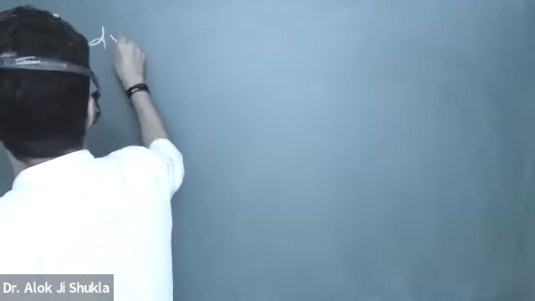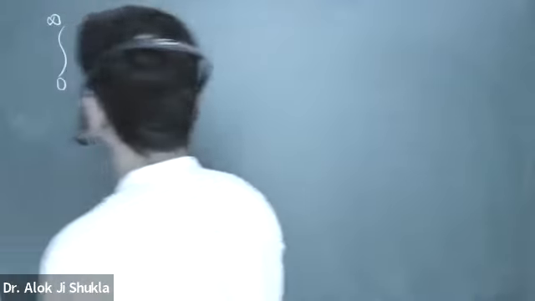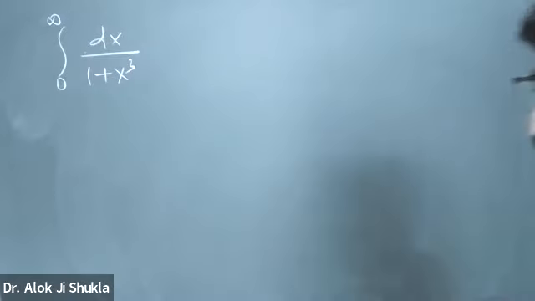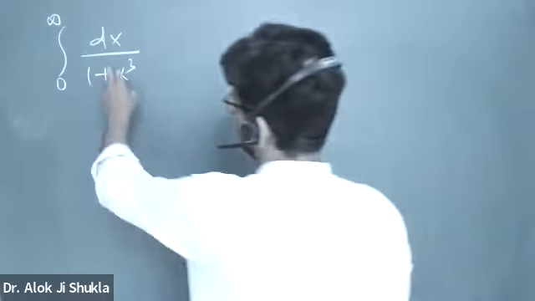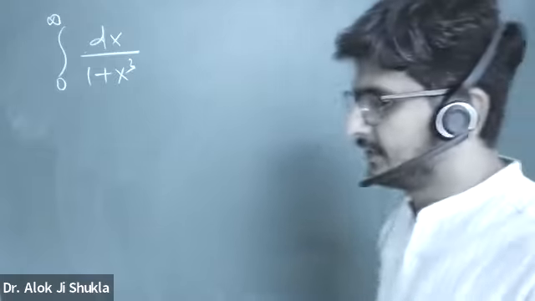It is the integral from 0 to infinity of dx upon 1 plus x to the power 3. It could be just 1 plus x to the power n, where n is odd: 3, 5, 7, like that. Now please understand this. It's a very nice question.